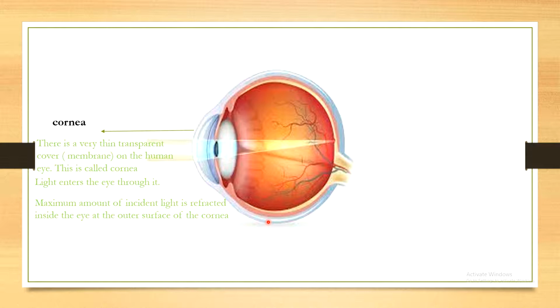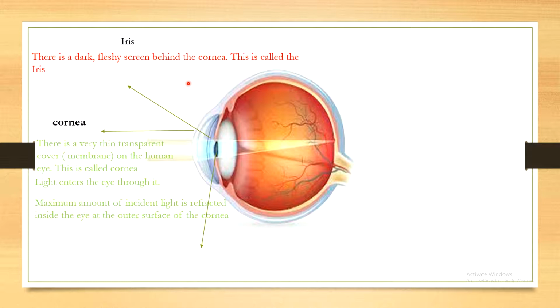Now exactly behind the cornea there is the iris. That means this is a dark fleshy screen behind the cornea, and the color of the iris is different for different people.